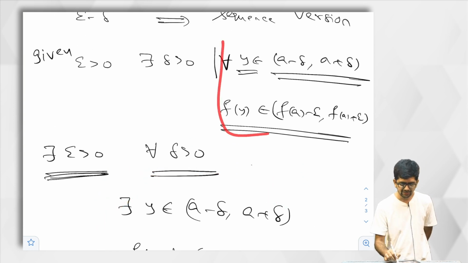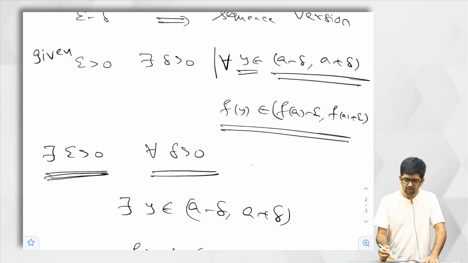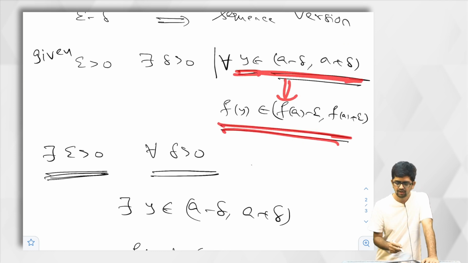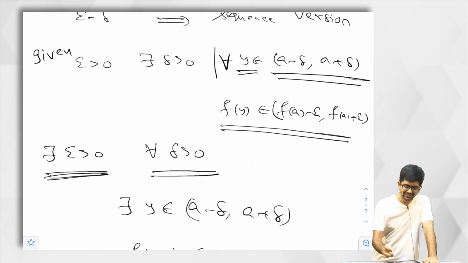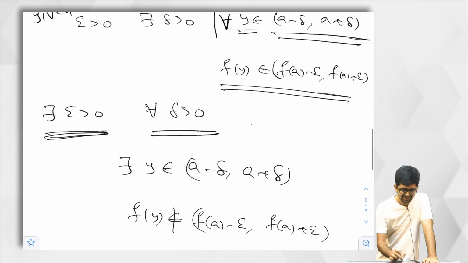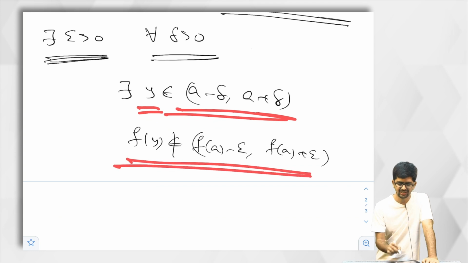Again I come to this situation. The correct statement is for every y belongs to this interval we have this condition. What is the opposite of that? There exists a y belongs to this interval such that this does not happen. That's what I have written here. There exists a y belongs to this such that f of y is not an element of this.